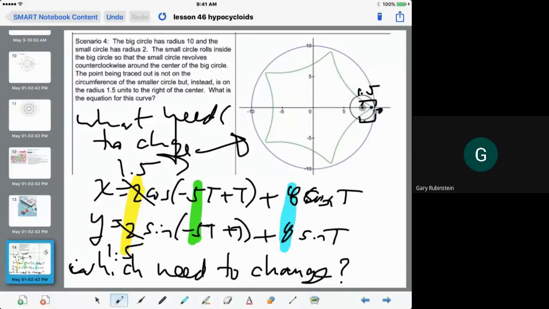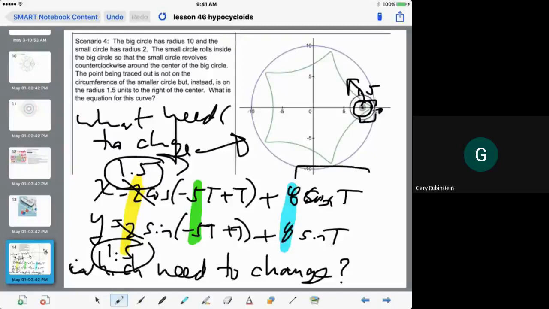The way I think of it is it's almost like a smaller circle that's going around now. And the radius of that smaller circle is 1.5. That's why the 1.5 happens.